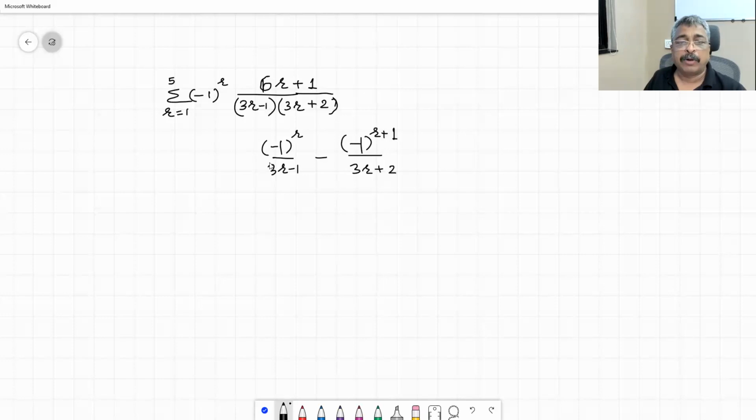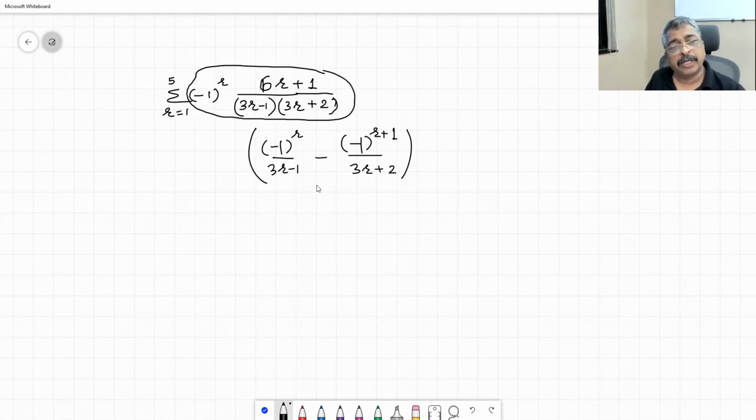Okay. Now we will have to cross check whether this split that we have done is exactly equal to this or not. If yes, then our telescopic setup is done, because if we put r is equal to r plus 1 in the first term, we get the second term and it is separated by a negative sign. Now, so as to simplify this, this is minus 1 raised to r plus 1.